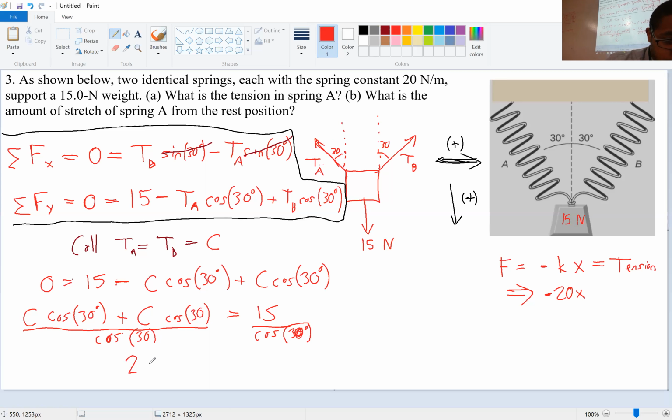And then I've got 2C on this side and 15 over cosine 30 on this side. And so if I'm trying to solve for C, then I just divide both sides by 2.